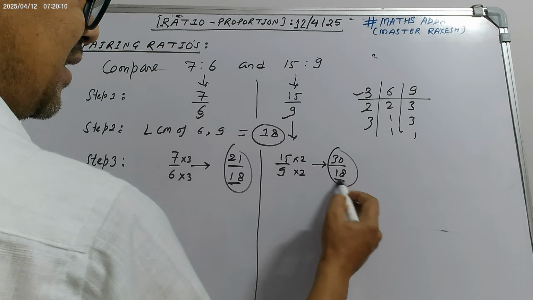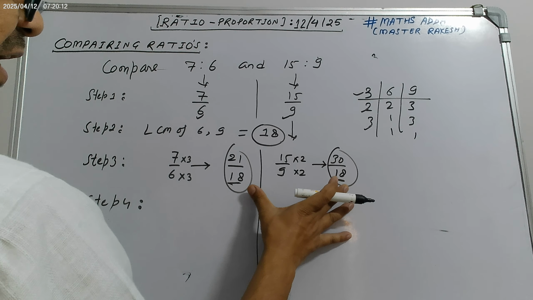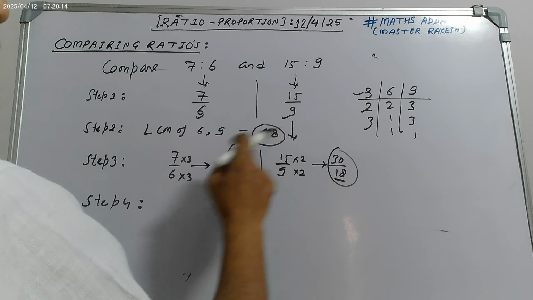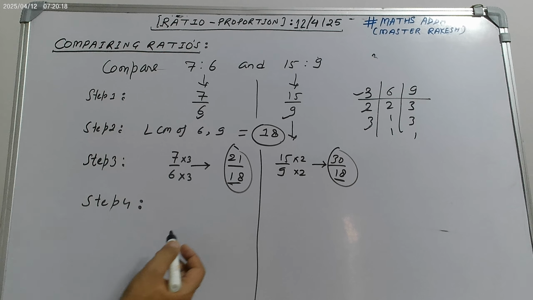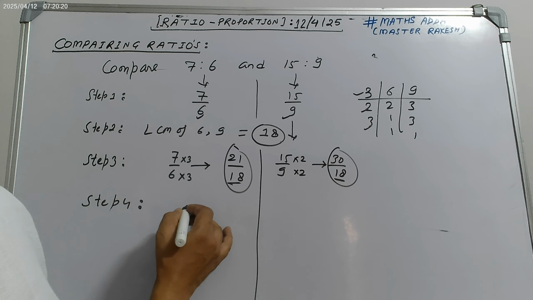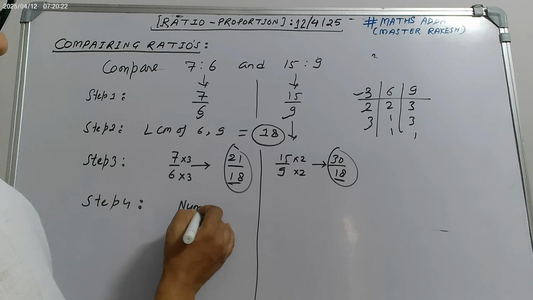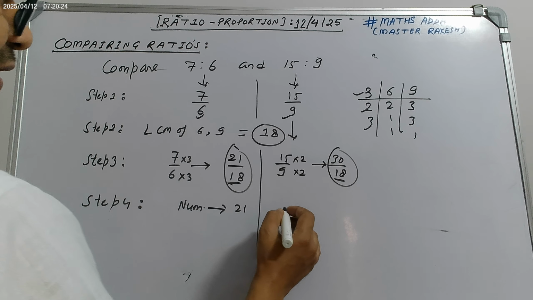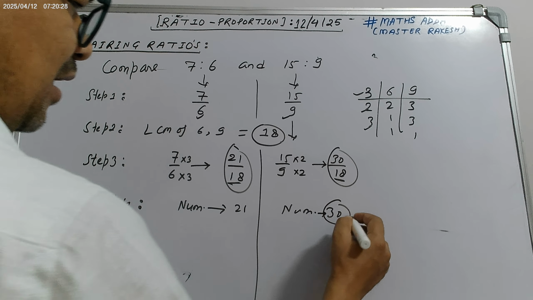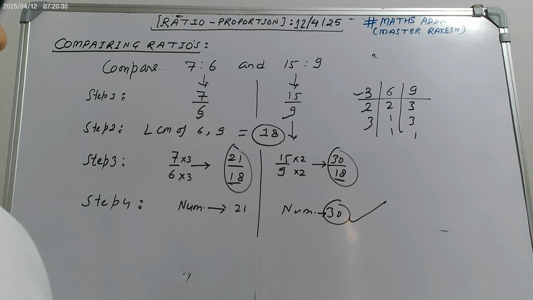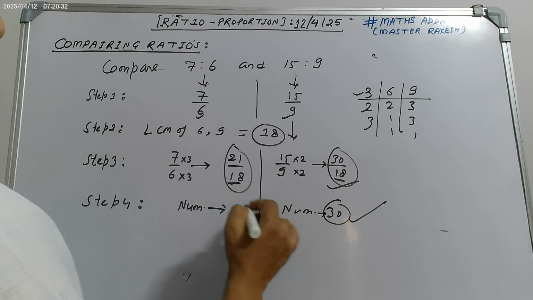Here the denominators are the same, so you have to compare the numerators. Whichever numerator is greater will have the greater ratio. यहाँ पे numerator 21 है, here the numerator is 30. Which one is greater? 30 is greater. It means this one is greater.